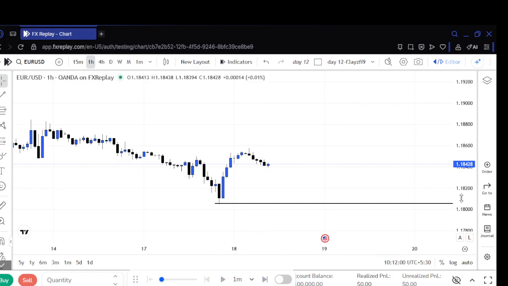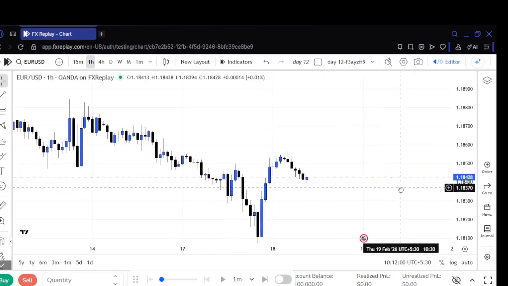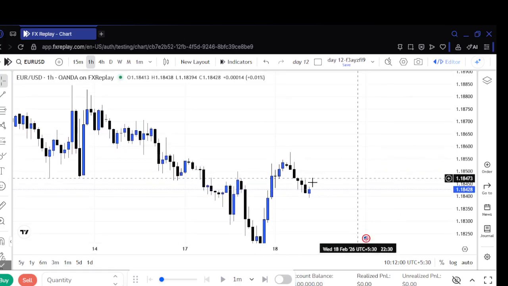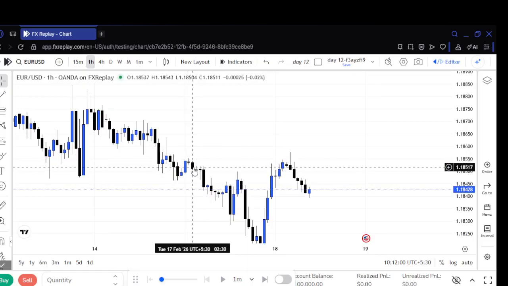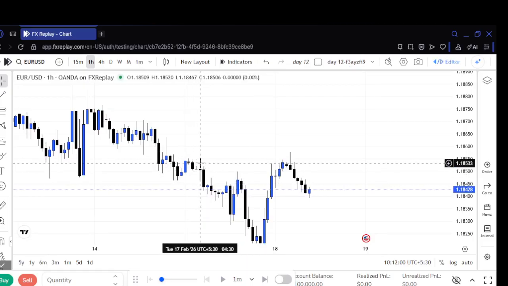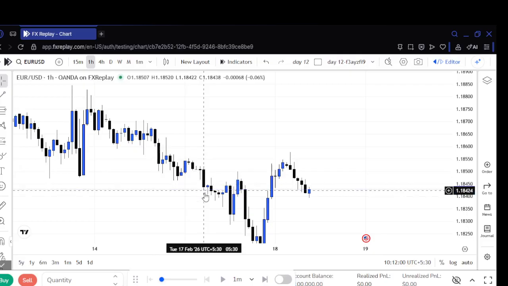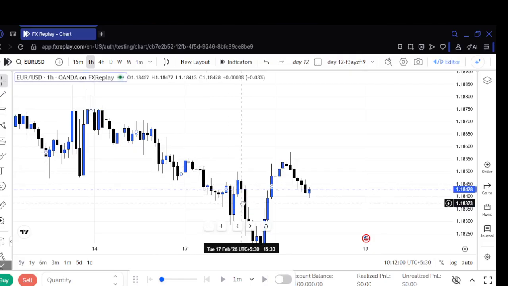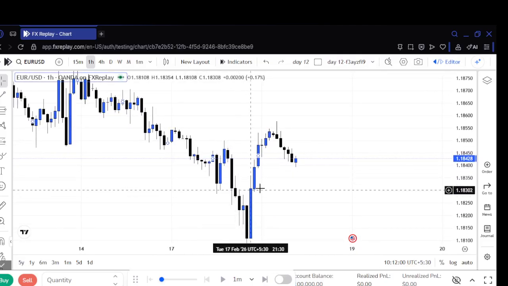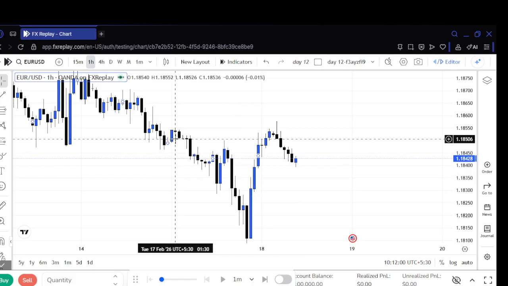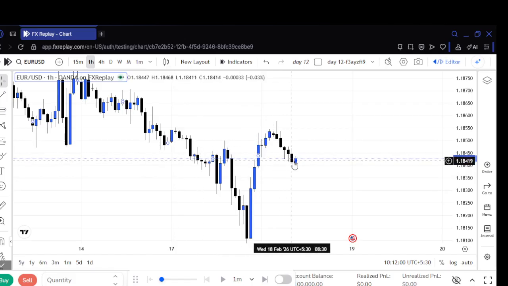What we're going to look at is the order blocks, the ones which have given an impulse move. See here, we got an order block which gave an impulse move, it has a fair value gap here, and it has given a break of structure here and here. It's a good order block, and we even got a downtrend.